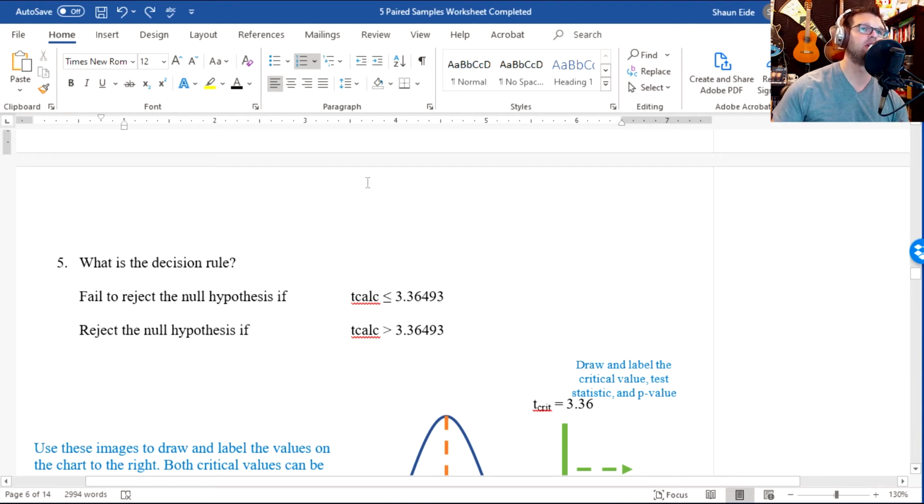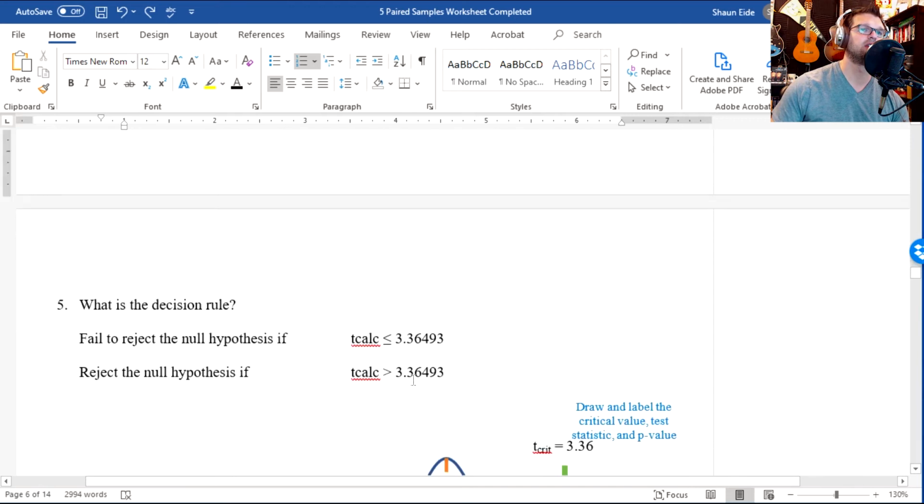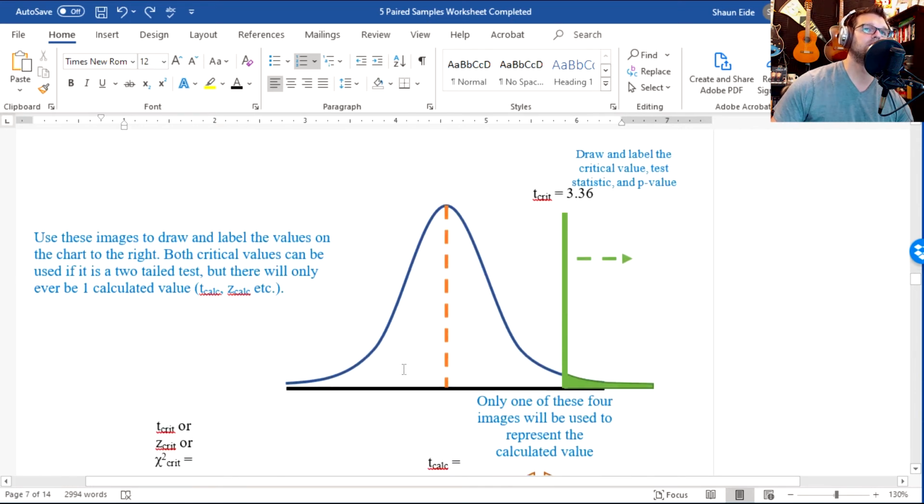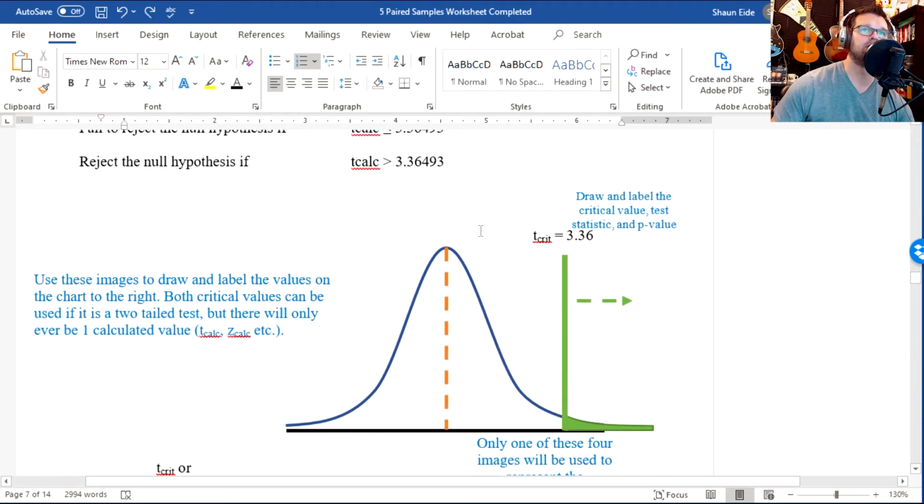We're going to fail to reject it if it's below that number. We are going to reject the null hypothesis if the t-calculated value is above 3.36493. And so I went ahead and took the liberty of putting t-crit right there.